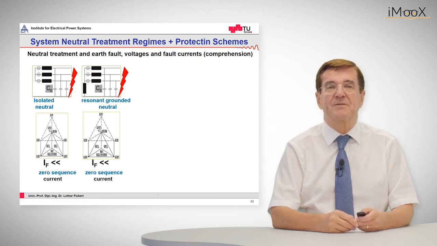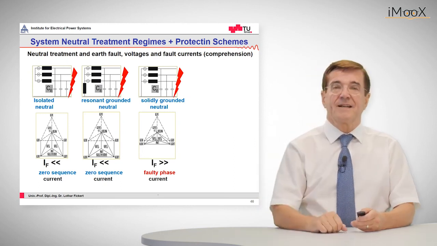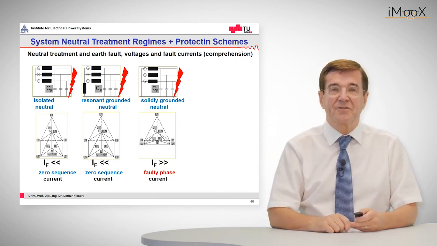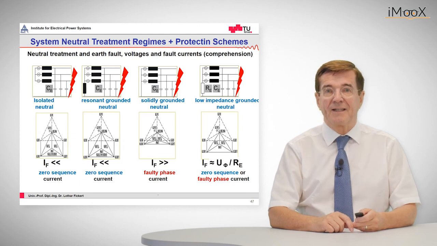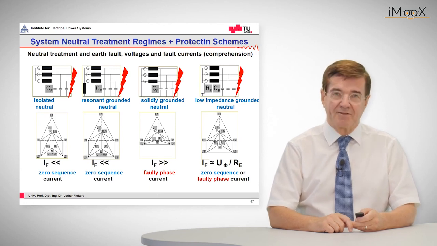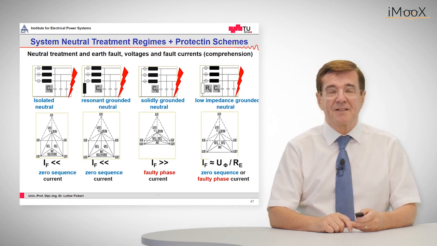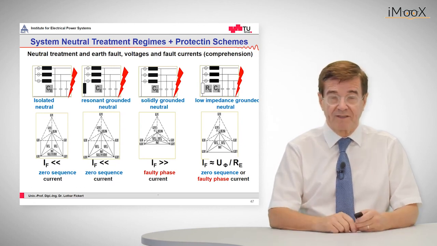Again, the zero sequence current is used for protection purposes. Then the other class is the solidly grounded neutral. Here we have very high currents, and the faulty phase current is usually taken to locate the fault. And the low impedance grounded neutral scheme, used in many countries, means that we can use either zero sequence currents or faulty phase currents.